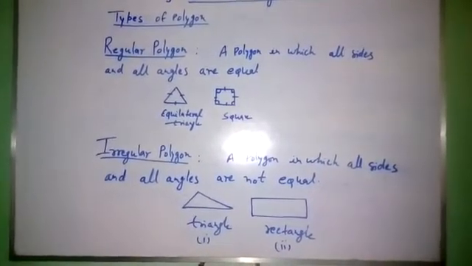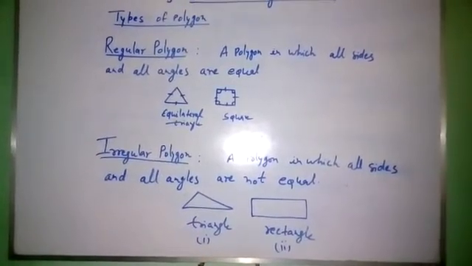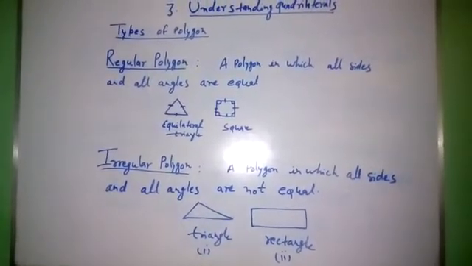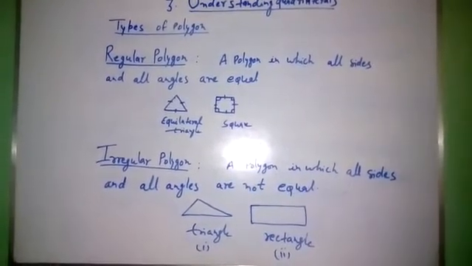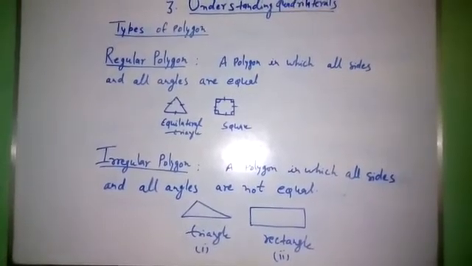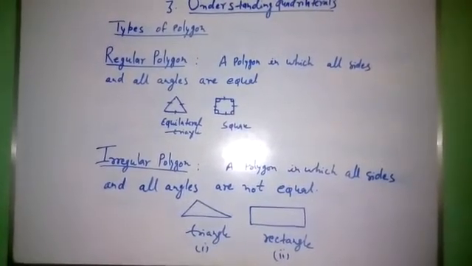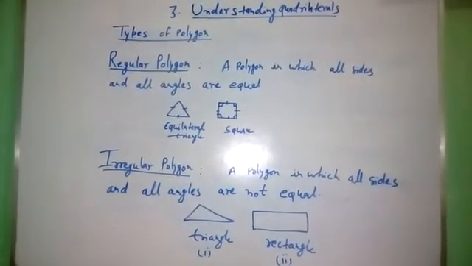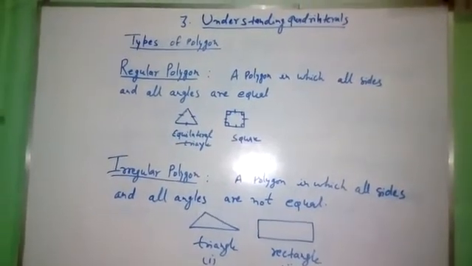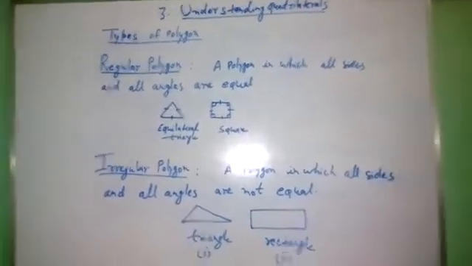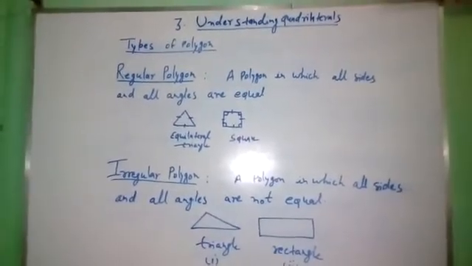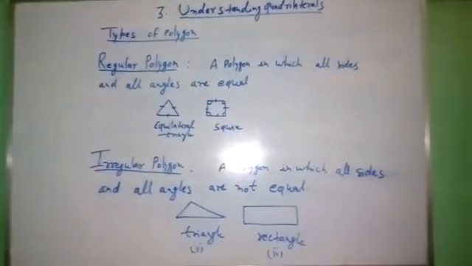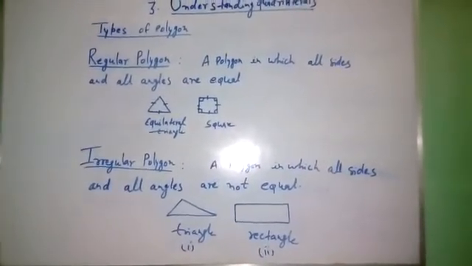And the irregular polygon. What about the irregular polygon? A polygon in which all sides and all angles are not equal. For example, we take a rectangle and triangles.